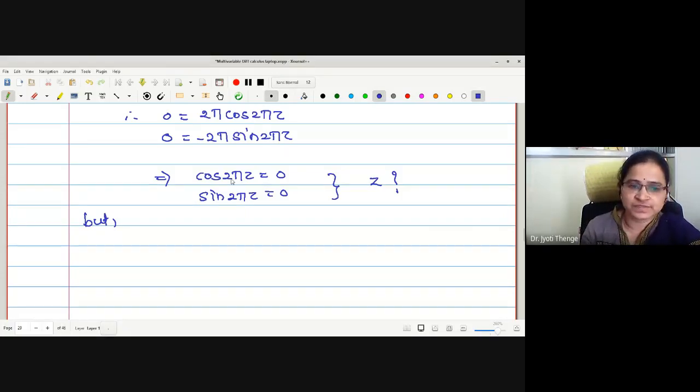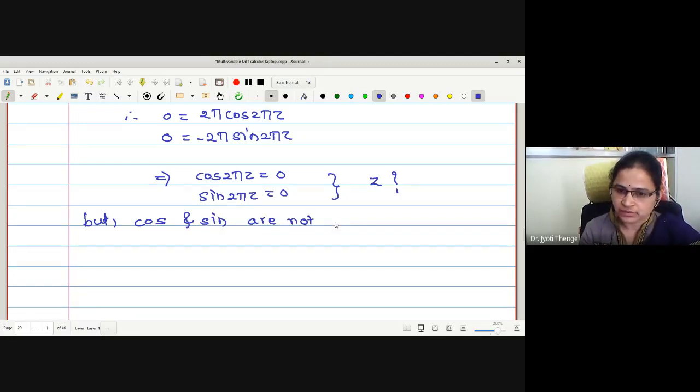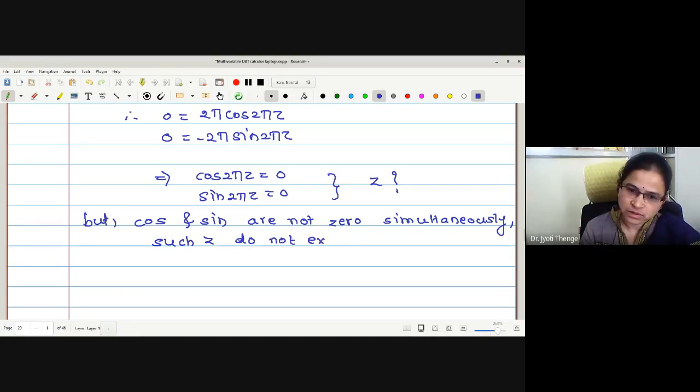Therefore, this kind of z is not going to exist. So here we will write, but cos and sine are not 0 simultaneously. What can we say? Such a z does not exist. Therefore, here one can write that MVT fails.